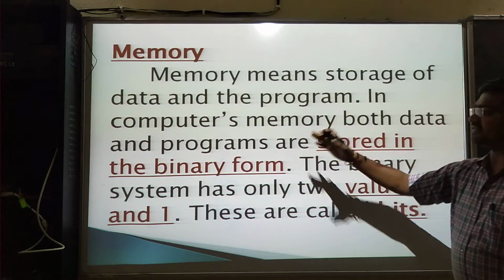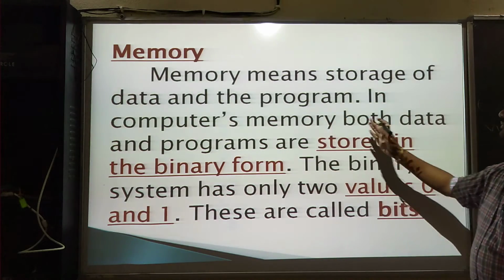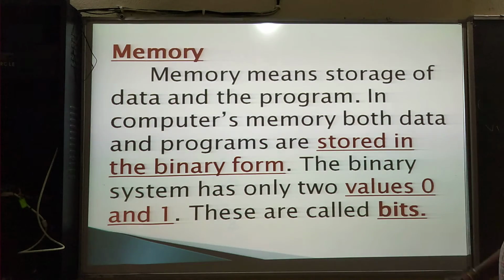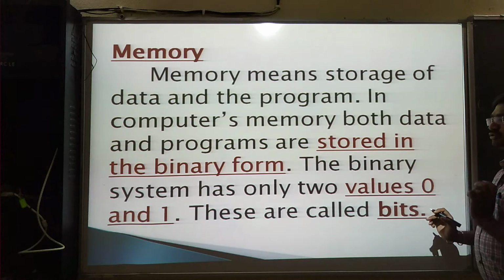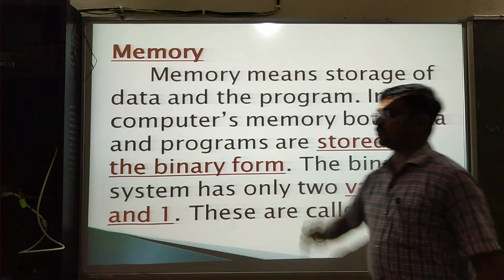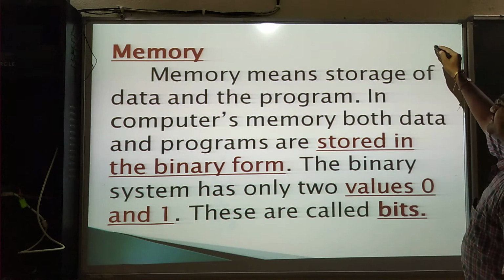So what is the use of the binary system? It means the computer can store both data and programs in binary form. Every binary digit has only two values, the first one 0 and the second one 1.